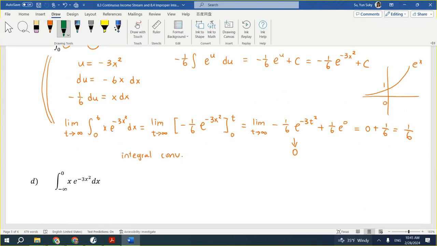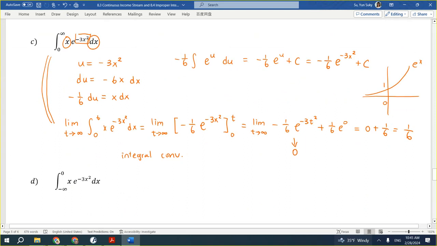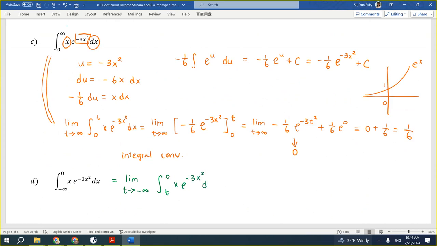Do you see part D and part C are very similar? It's the same function, but the bounds are different. So let's evaluate the bounds. So this is a limit. Now, which is the improper value? The bottom. So t goes to minus infinity. And now we get the integral from t to 0 of x e to the negative 3x squared dx.